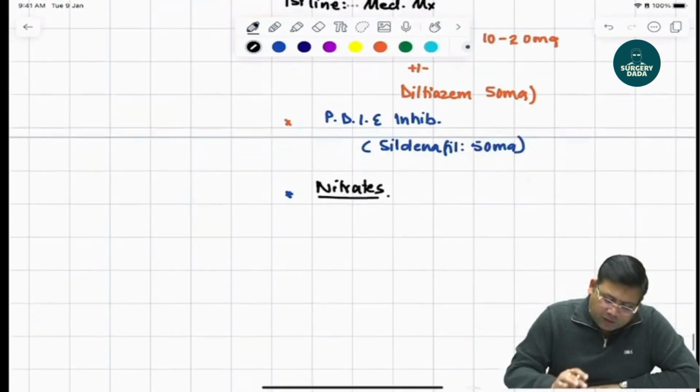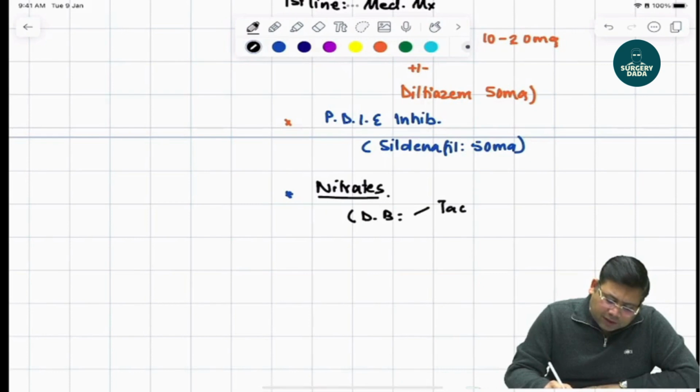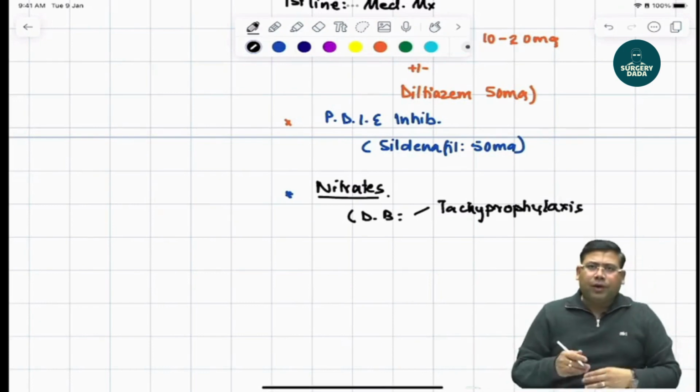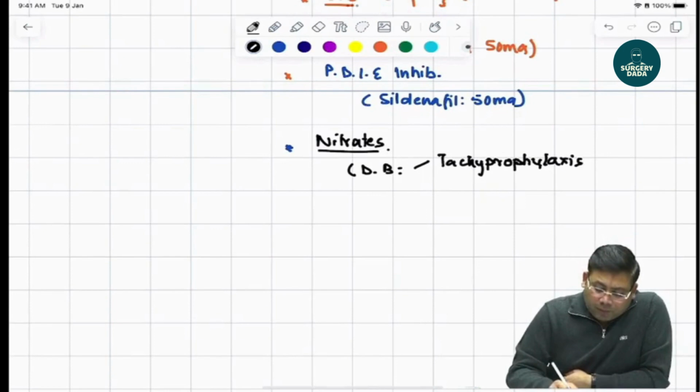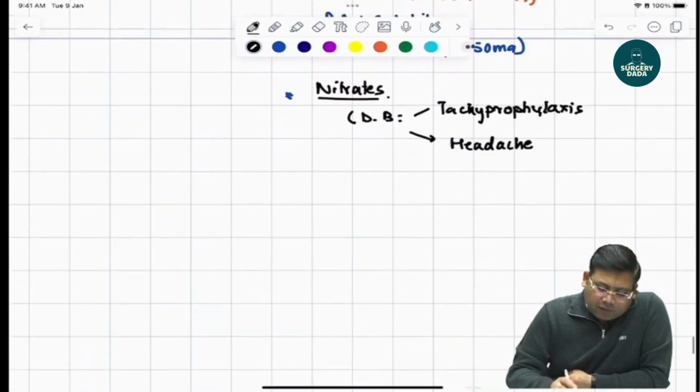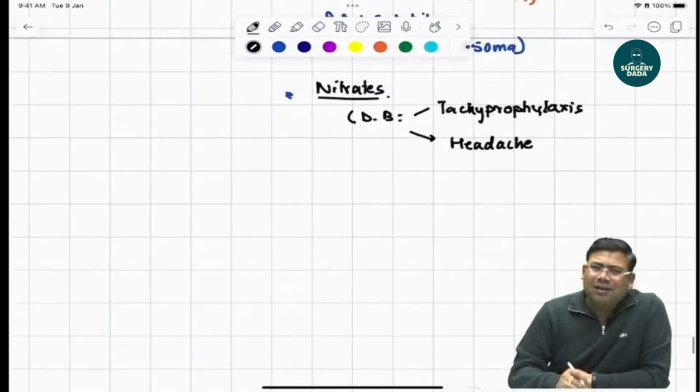This is very important, nitrates. But the drawback is tachyphylaxis. You know what is tachyphylaxis? For the same response from the drug, the dose required is progressively increased. So the patient develops dependency to the same drug dose. And along with that, you have the concept of what? Headache. So headache we have, tachyphylaxis we have.